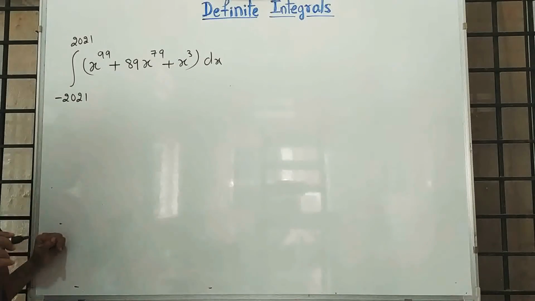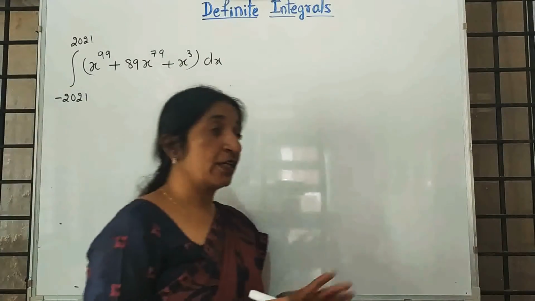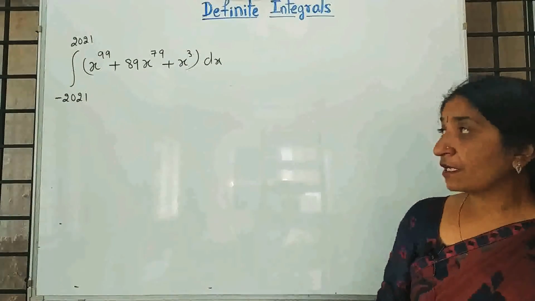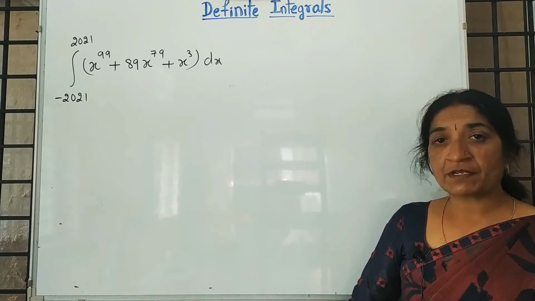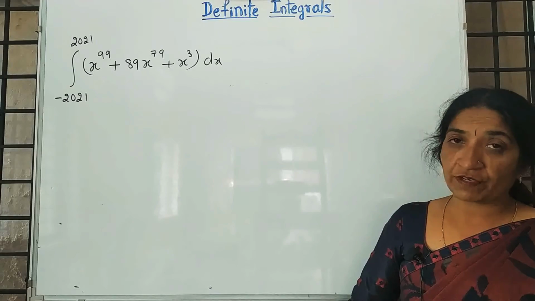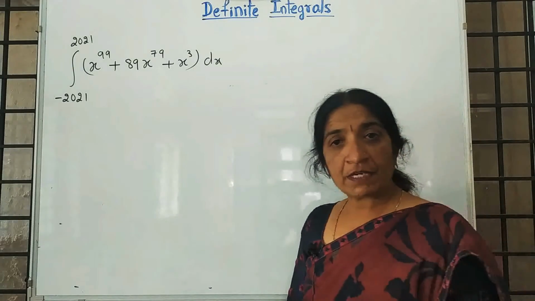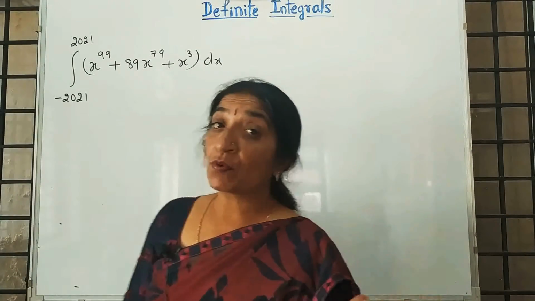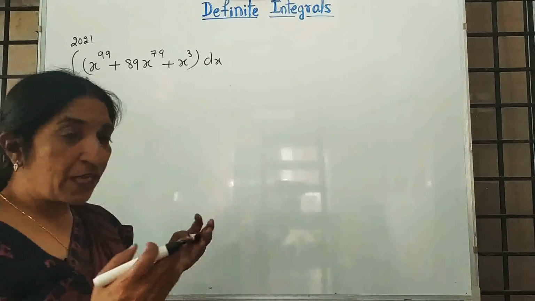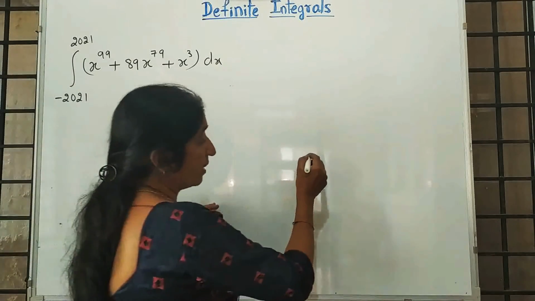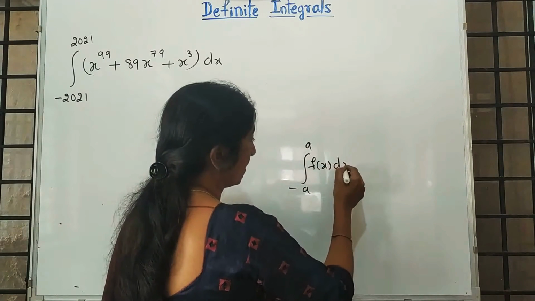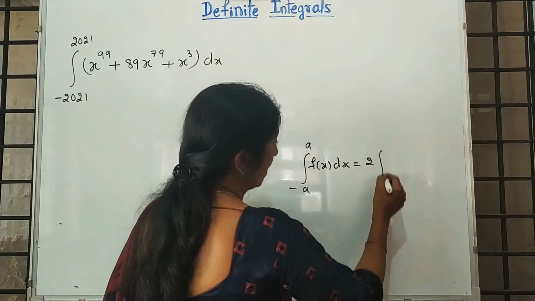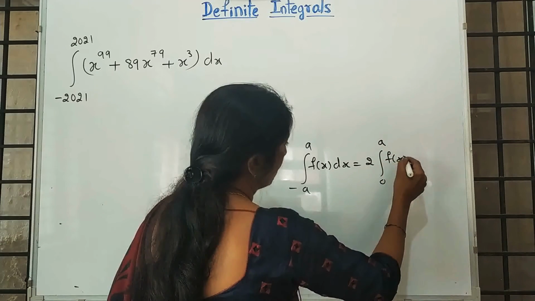If this is a problem, by seeing this, don't get tense even though the numbers are big. First, what we have to observe is the lower limit and upper limit. Here the lower limit and upper limit are the same, but opposite in sign. If they are the same and opposite in sign, immediately we have to remember this property.